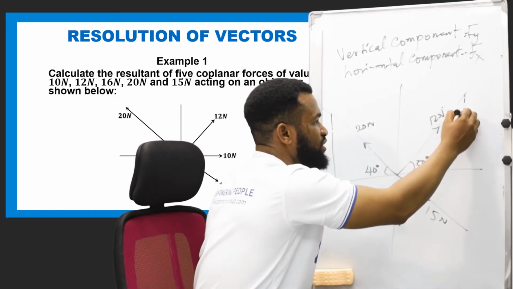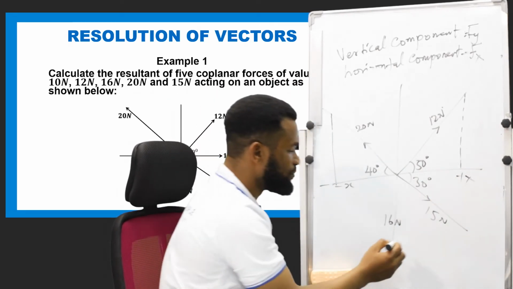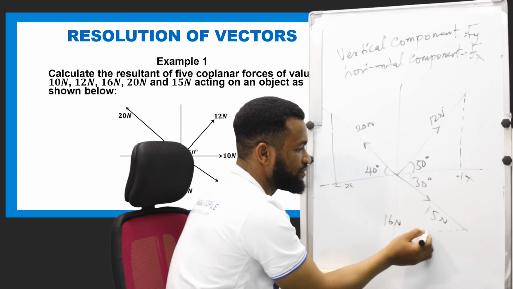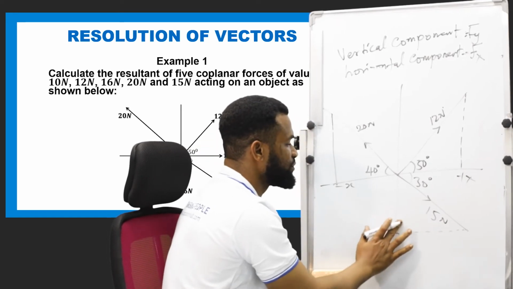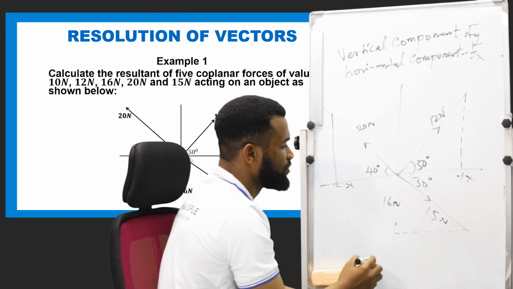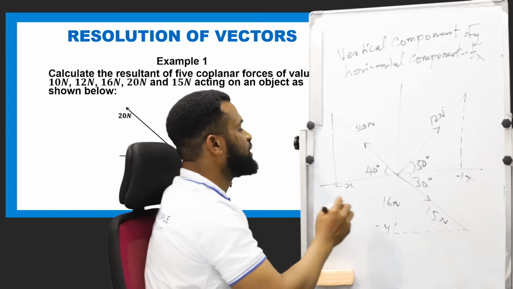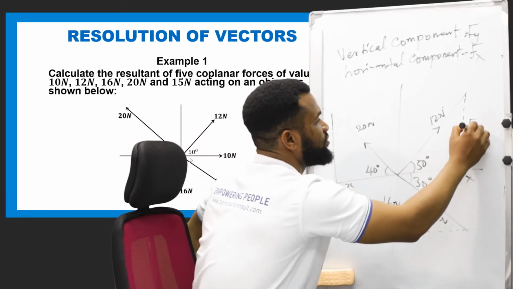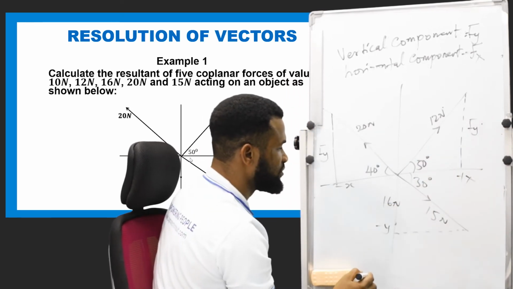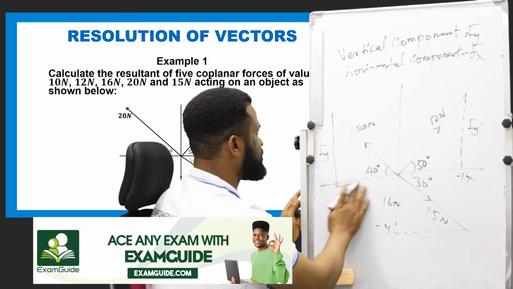I'm also going to make a projection on this one, which is positive x. I'm going to make a projection of this one on this side, which is going to be negative y. All right. If I find Fy, this one is also Fy. And then anything on the horizontal is going to be Fx.